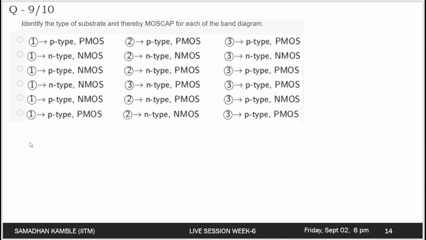For the N Mos cap, the inversion charge is electrons. Once the inverted charge is electrons, it was inverted from holes, and for holes to be the majority carriers, we need the substrate to be p type.